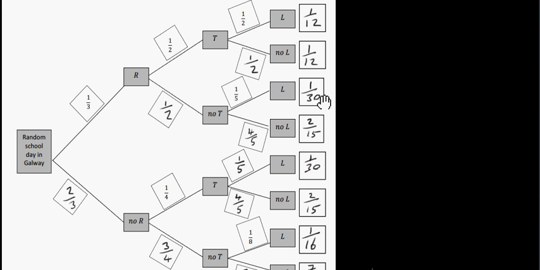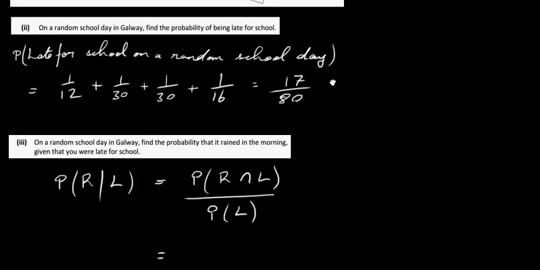So what we've got to do here is it can be raining, there can be heavy traffic, and we can be late, or it can be raining, there can be no traffic, and we can be late. So it's these 2 here that we've actually got to add. So it's 1/12 plus 1/30.